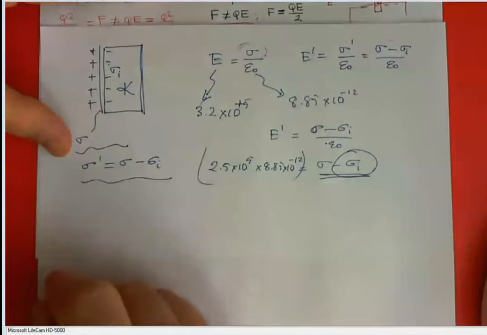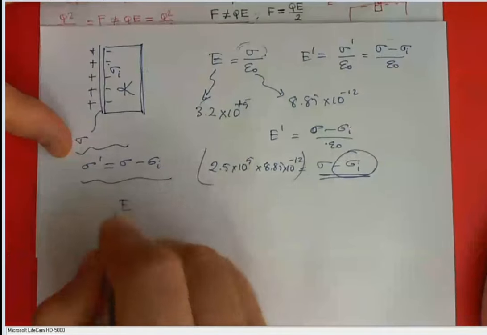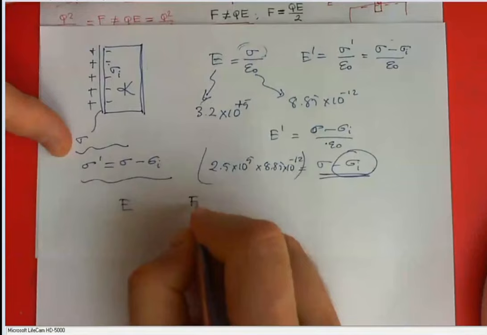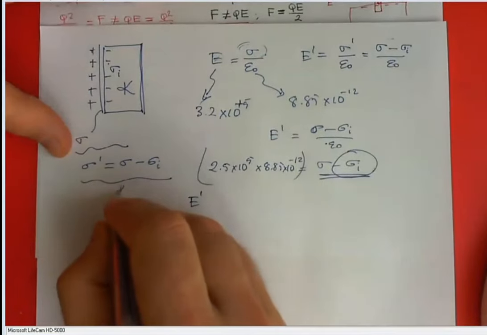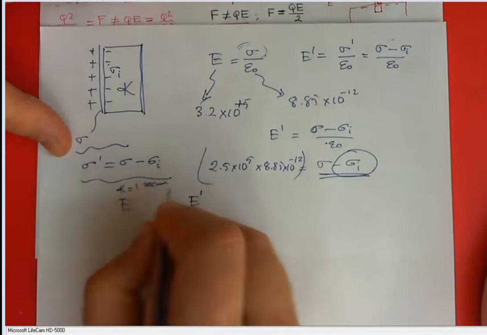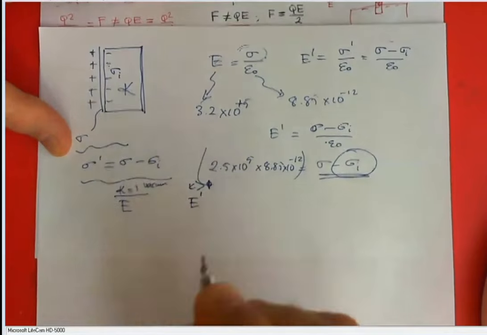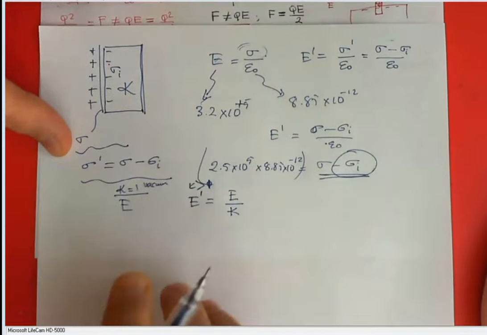So this is the important part here. Let's say E prime: when kappa is 1, which means in vacuum, and when kappa is greater than 1, E prime would be E divided by kappa.